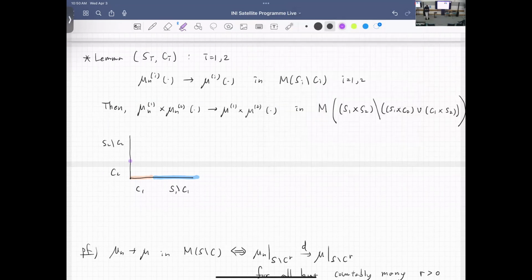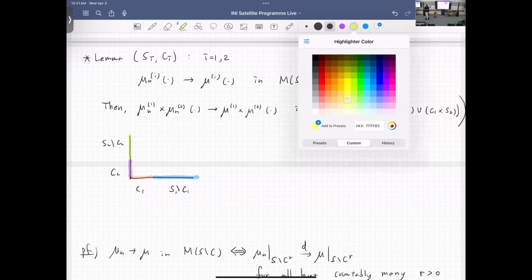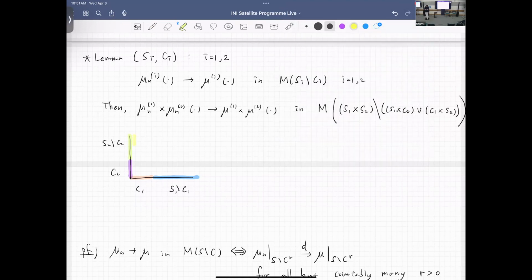This is C2, and this is the rest of S. Then what you're taking away is these. So it's hard to tell between green and yellow.